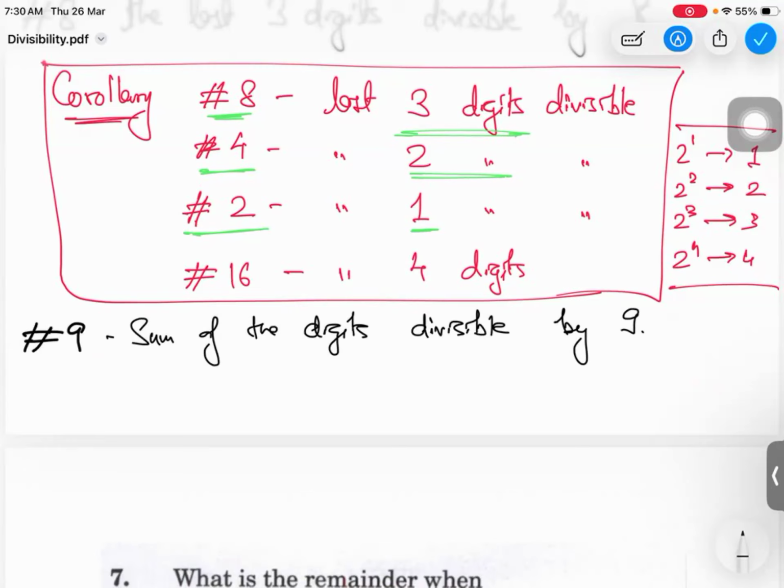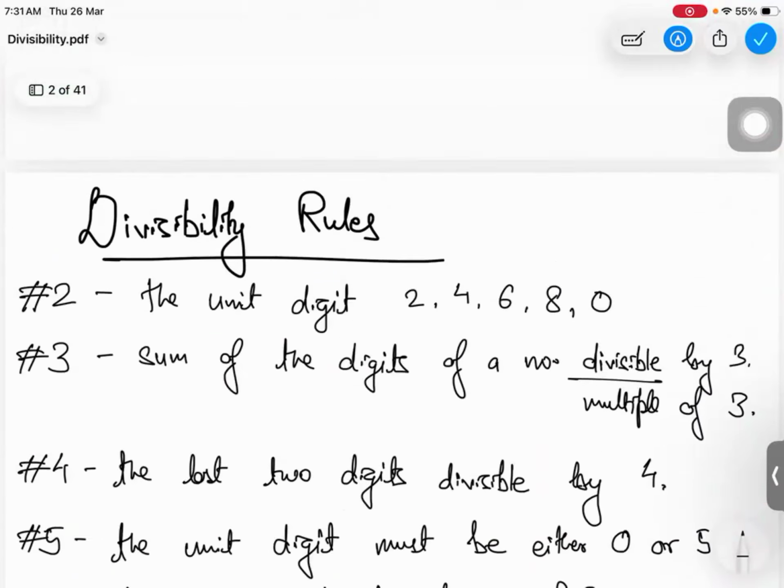And with number 10, this is common sense. What is it? Last digit must be zero. Fine. Thank you. And there is one thing about 11, I guess, right?